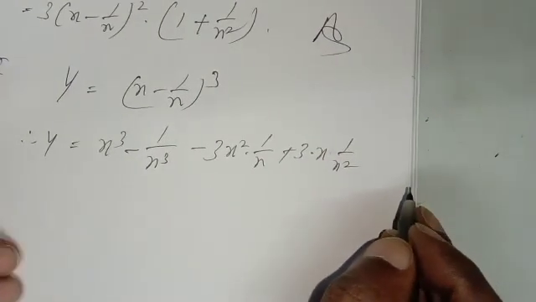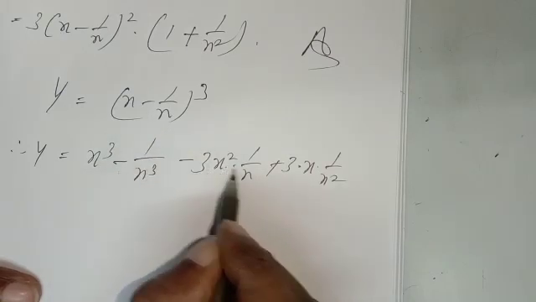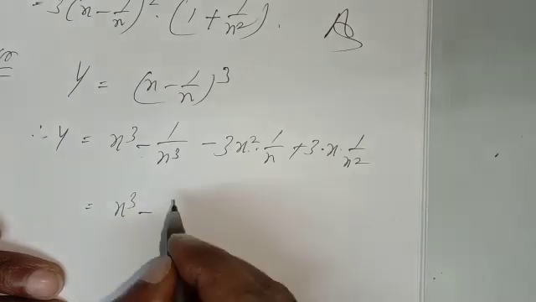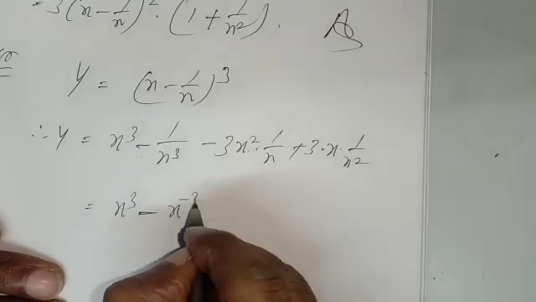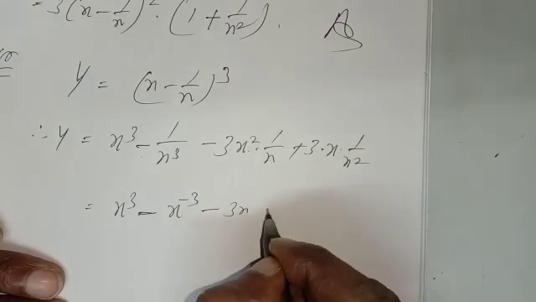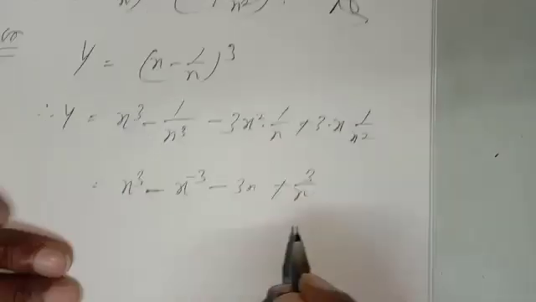Okay. The a minus b whole cube formula is a cube minus b cube minus 3a square b plus 3a b square. Again we simplify: this is x cube, this one will be x to the power minus 3, this is minus 3x, and this will be plus 3 by x.